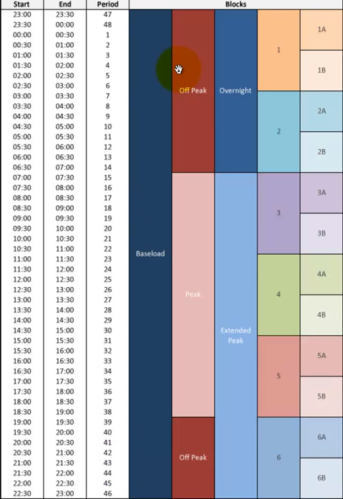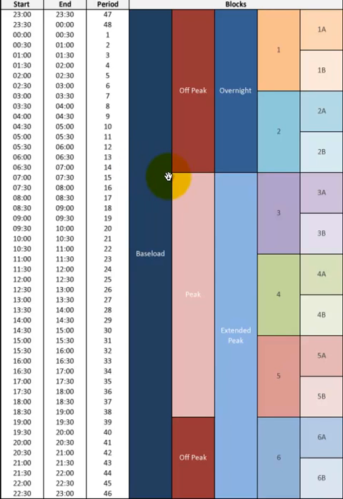We can think of the EFA day furthermore as being composed of different blocks or different products. We can have a baseload product, and we think of a baseload product as one for which the power is delivered throughout the day. You can see here I've designated that as this blue section. So a baseload product, in our June the 3rd example, is delivering X number of megawatts throughout the June the 3rd EFA day.